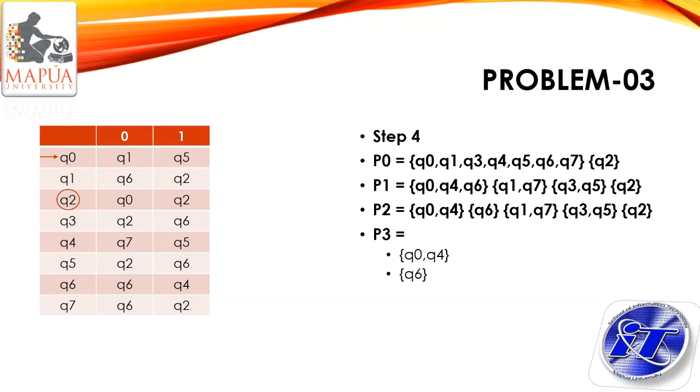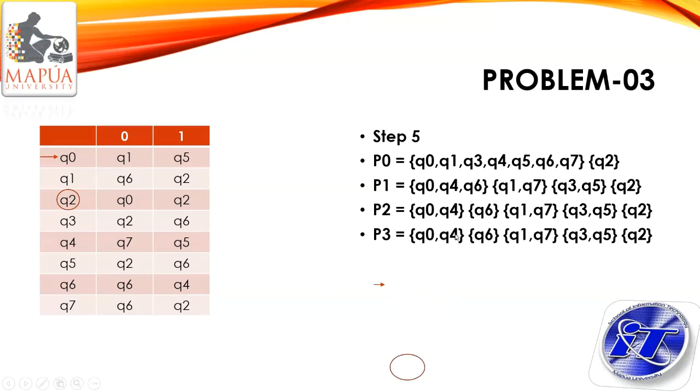Q6 is just one. Q1 and Q7 are the same based on P2, so we don't need to analyze further. Same with Q3 and Q5, they have the same path. And then Q2. So in P3, in equivalence 3, we have 5 groups: Q0 Q4, Q6, Q1 Q7, Q3 Q5, and Q2.